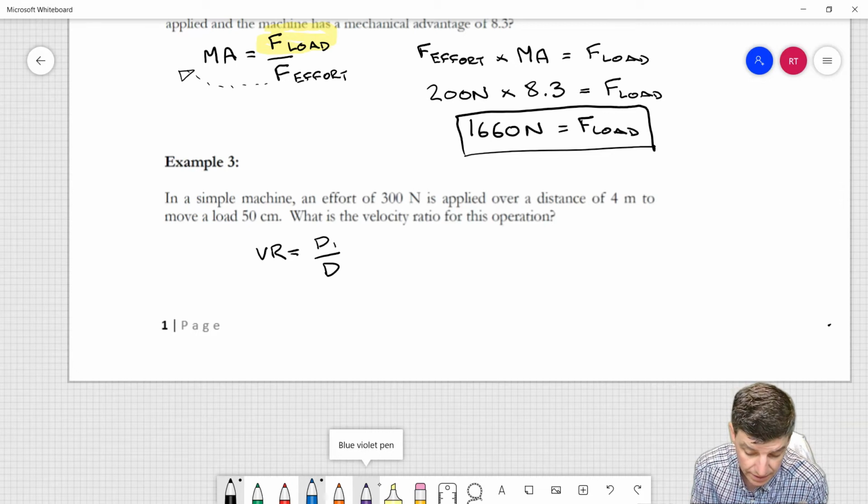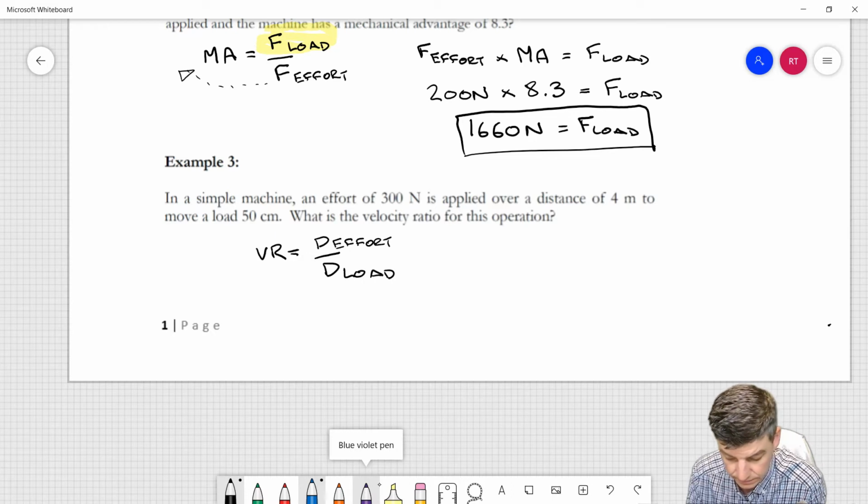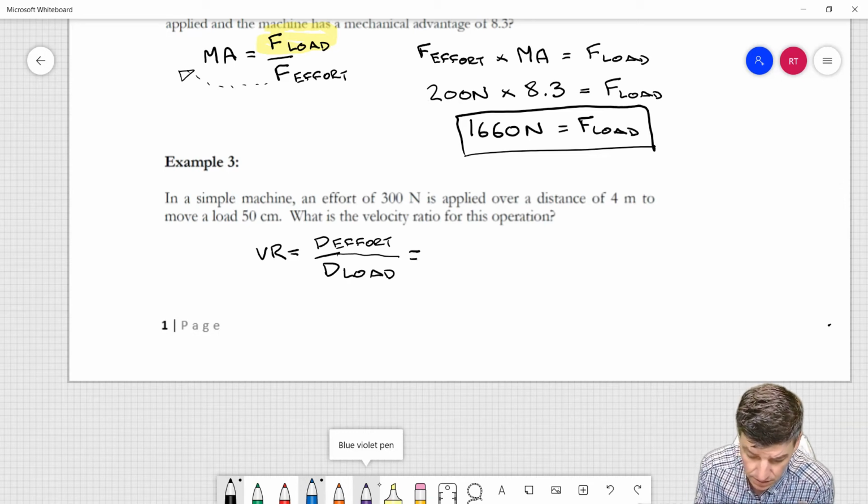The distance that my effort moves is larger, so it's on top, compared to the distance that my load moves. In this case, what I have is a distance of 4, and it's going to move the load of 50 centimeters.